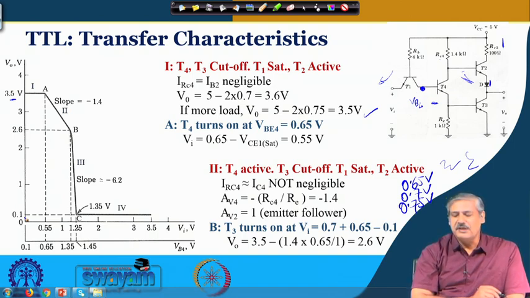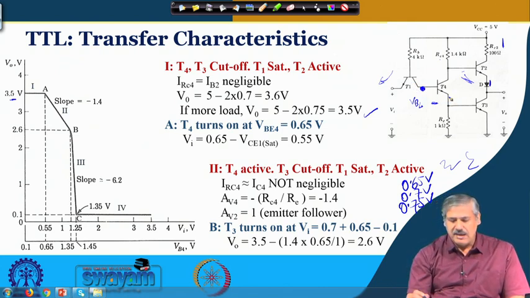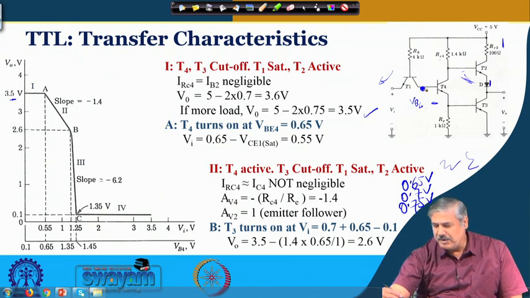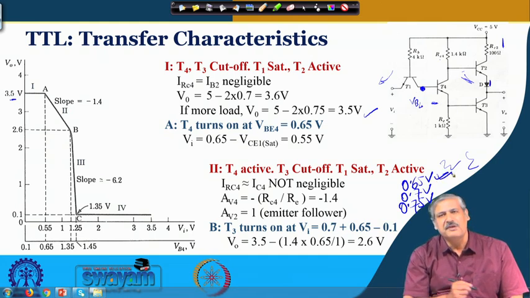Clear? Now, as the input voltage is increased, slowly current might get diverted in this direction. Now, when VB4 is 0.65 volt, just at this particular point, this T4 will turn on, this base emitter junction will turn on, based on what we have considered.